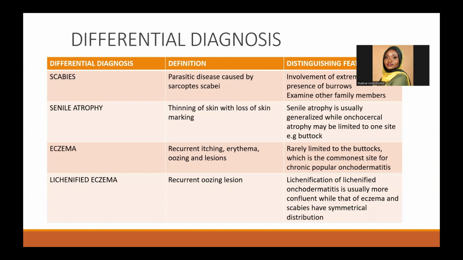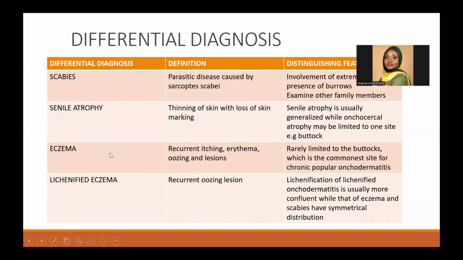But in onchodermatitis, this will not be in the same sites or location as eczema, and may be limited to the buttocks or just the two forearms. And so you may be able to distinguish.